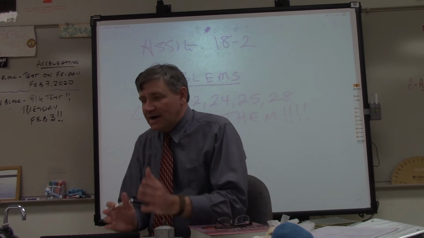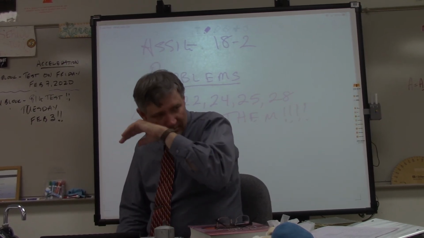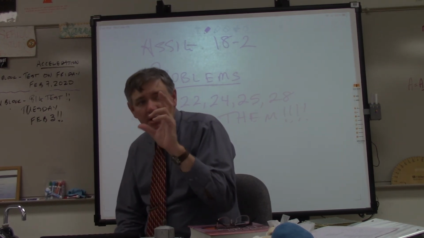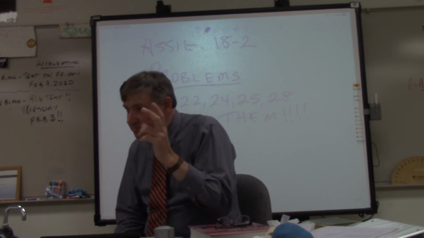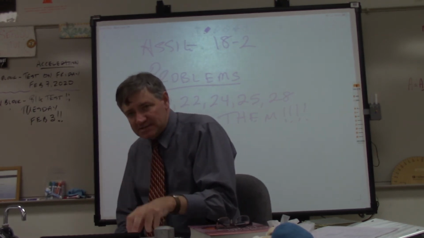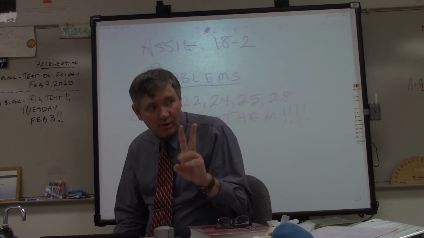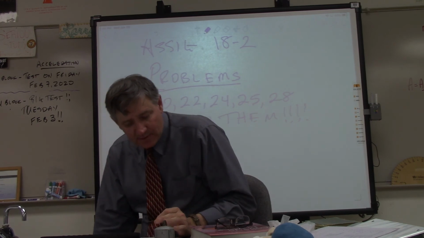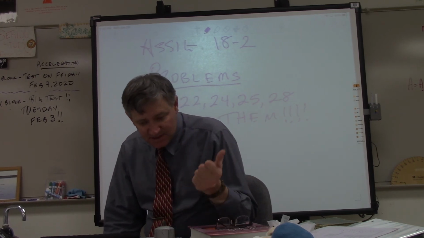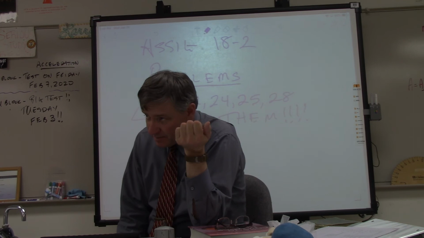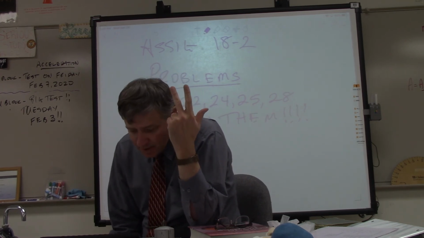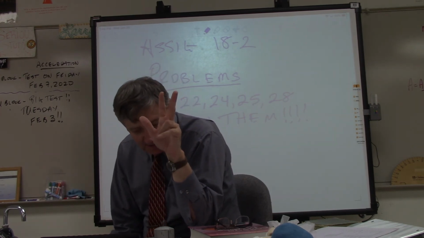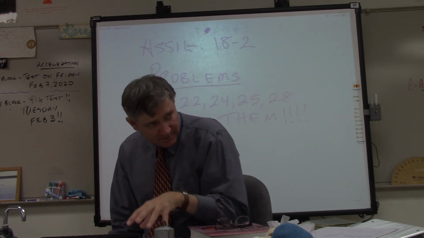I don't care if you use an arrow or a candle, do something that I can clearly distinguish what's your image and what's your object. Is it getting flipped over or not? On these diagrams, I want a minimum of 2. I prefer 3. There are 3 things you're expected to tell me. Is it an inverted or upright image? Is it real or virtual? And then your image distance.